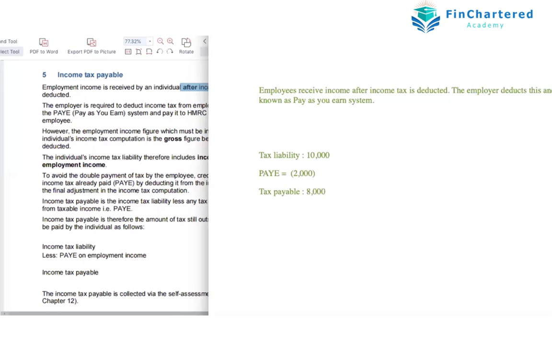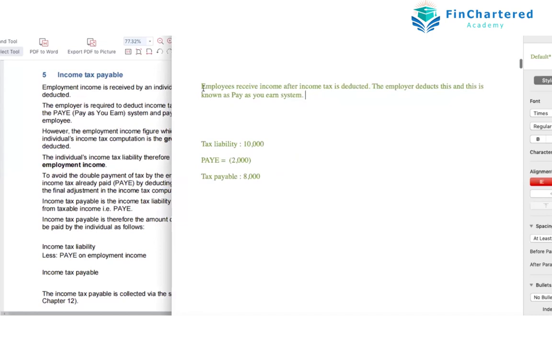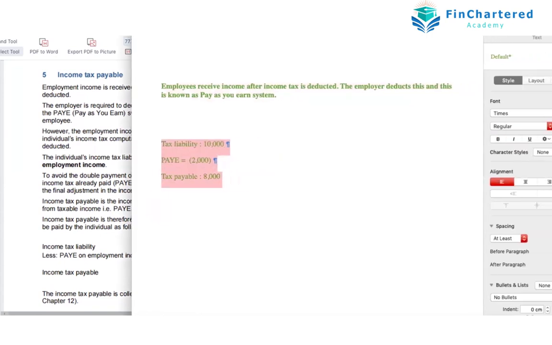If you know these two things, first this, which I have highlighted, and second this, which I have put in red, you know how to calculate income tax payable from income tax liability, and you know what pay as you earn is.